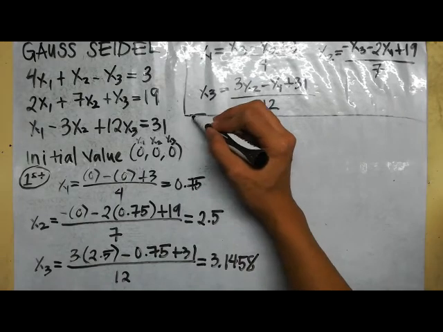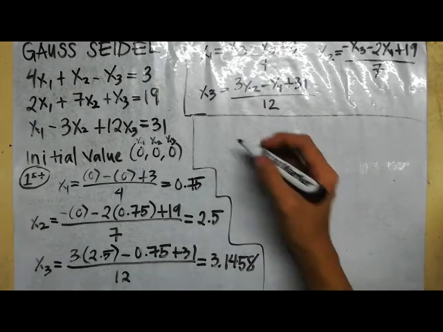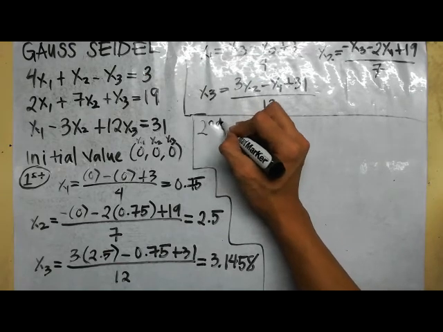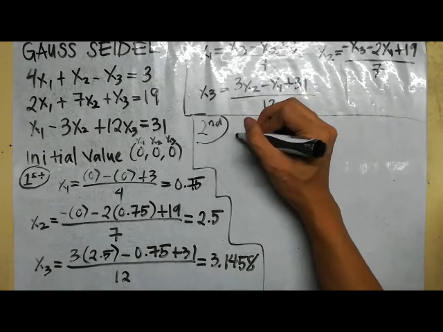Now, for our second iteration, we will get the value for x sub 1.